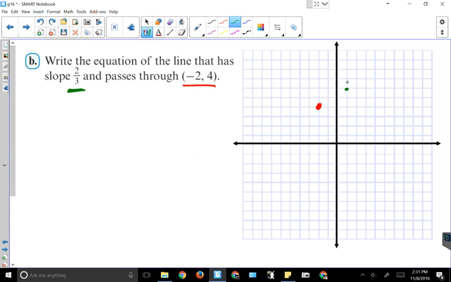I go up 1, 2 over 3, 1, 2, 3. I go up 2, 1, 2 over 3, 1, 2, 3. Do I have enough there to kind of draw myself out a line? So I'm going to draw myself out a line. Let's see, this going from here up to there. So grab this, just make it a little bit longer.